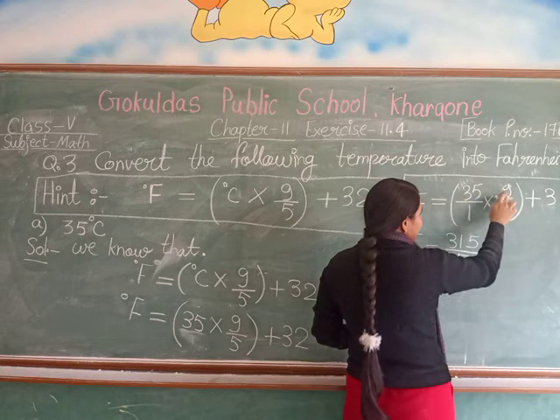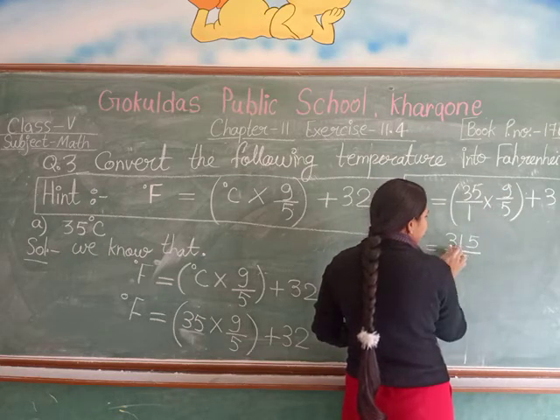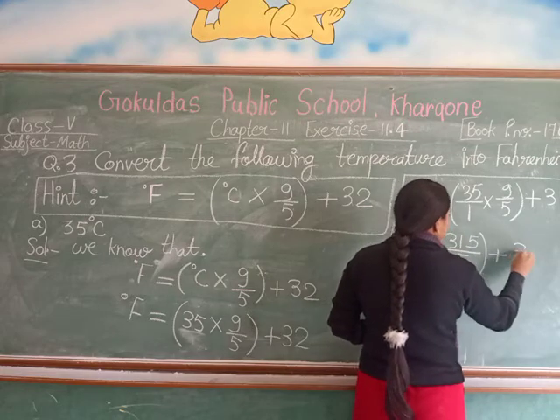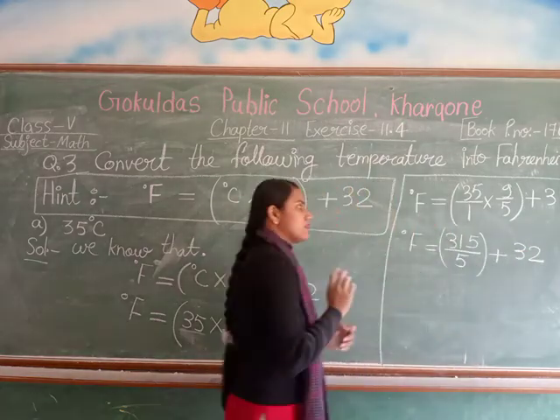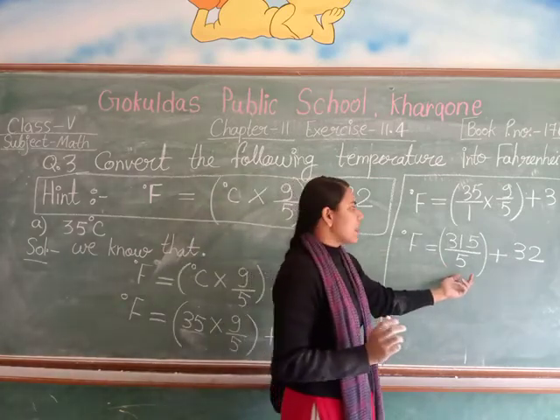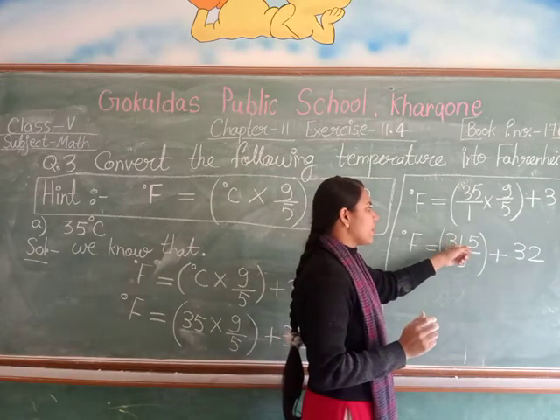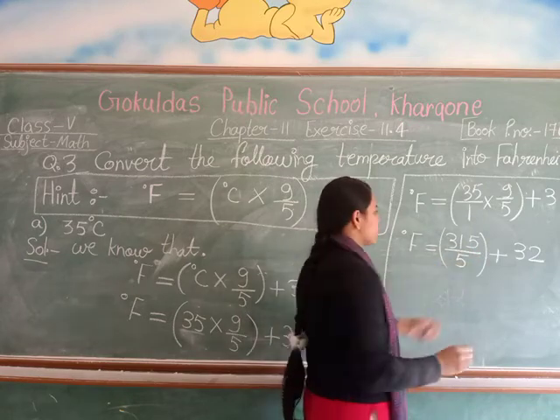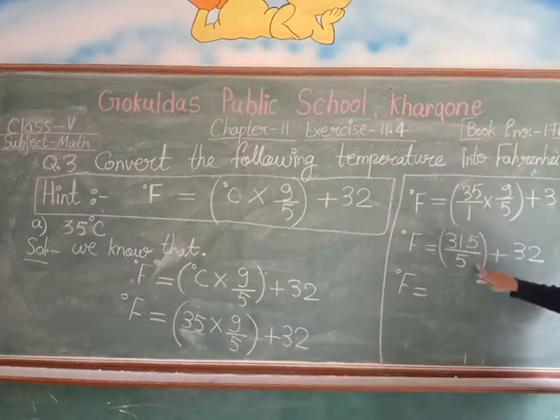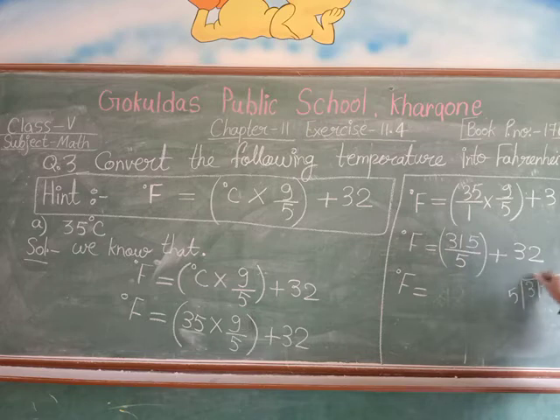When I multiply 35 with 9, my result is 315. Bracket close plus 32. Always remember, we always solve the bracket first. And what is the bracket saying here? Bracket is saying 315 divided by 5. So in rough work, divide 315 by 5. 5 sixes are 30, 31 minus 30, 1 is left.